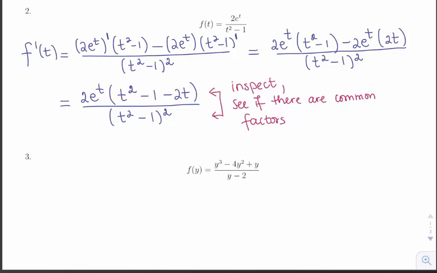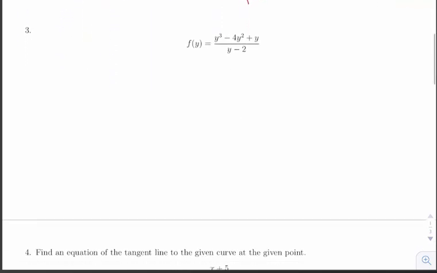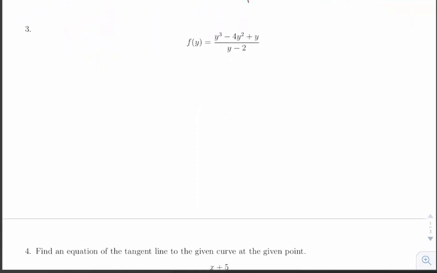All right, let's go ahead and take a look at an example that has a trinomial on top. How do we deal with that? The formula is the same. Now we just have a little bit more involved computations, so we have to be a little bit more careful. I want to compute f prime of y. What's my setup?